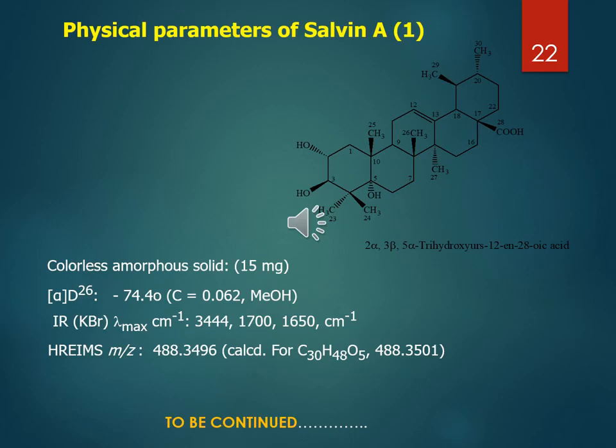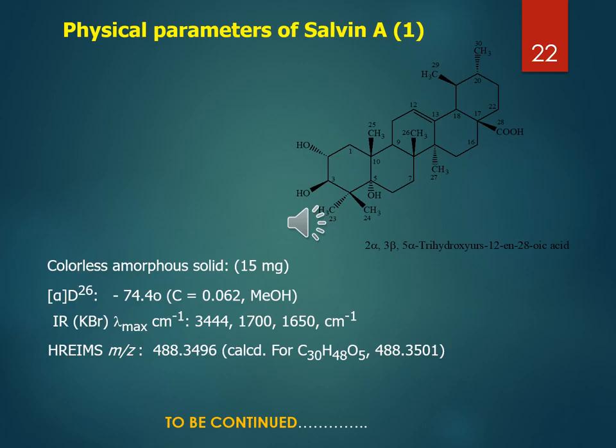Now we discuss the physical parameters of these compounds. This compound is isolated as a colorless amorphous solid, and the amount of this compound is 15 mg. The alpha D of this compound is -74.40, in which c is equal to 0.062 in methanol. The IR is taken in potassium bromide disc, and the lambda max of this compound is 3444, 1700, and 1650 per centimeter.